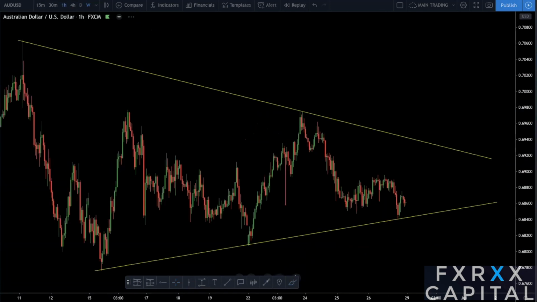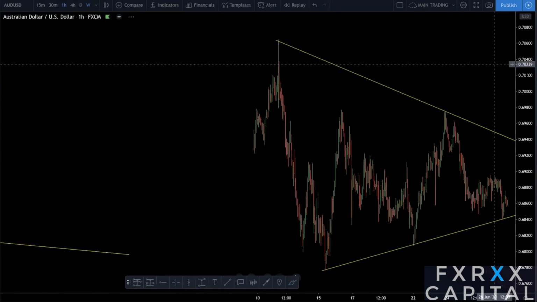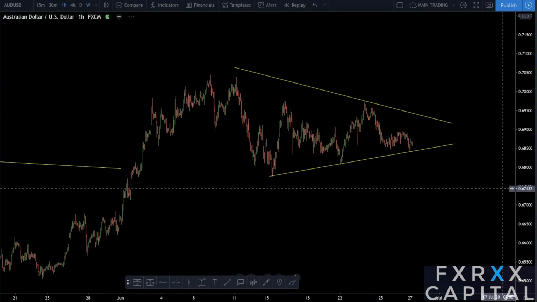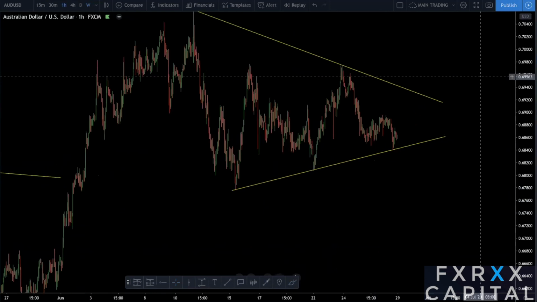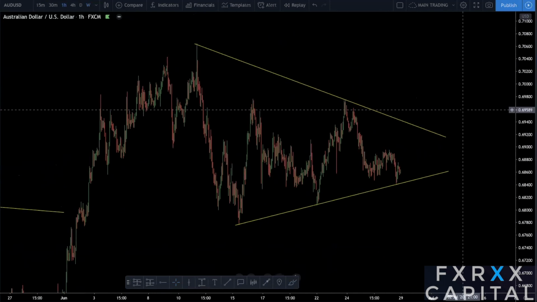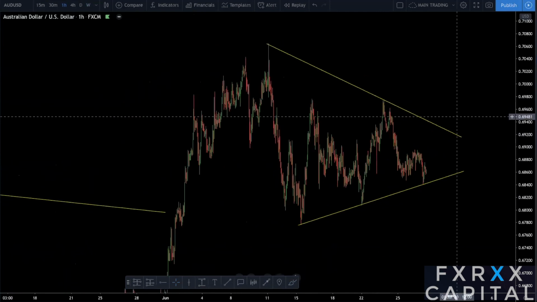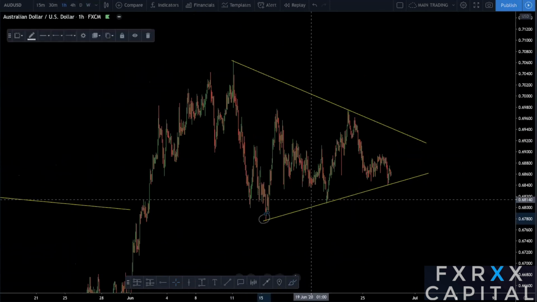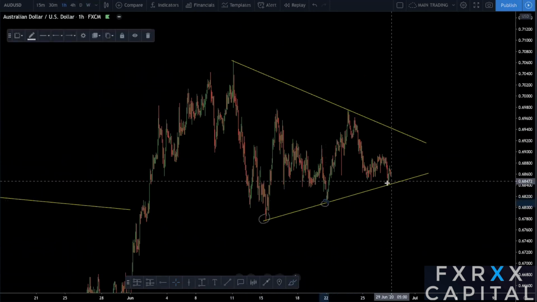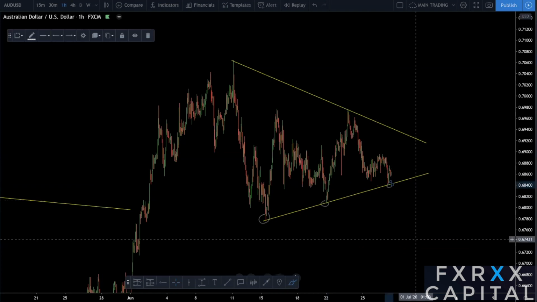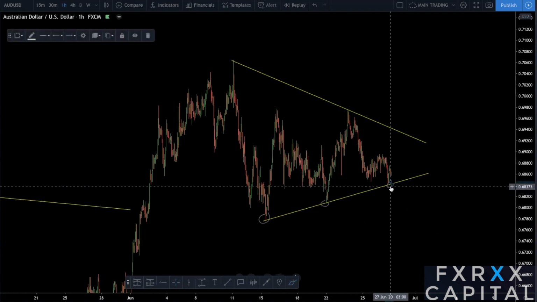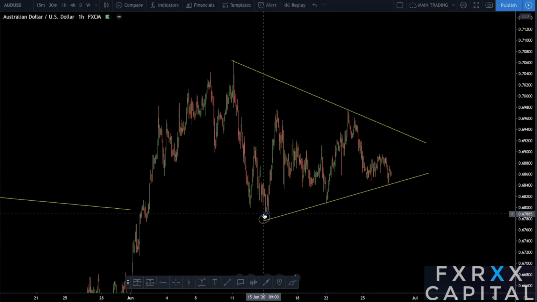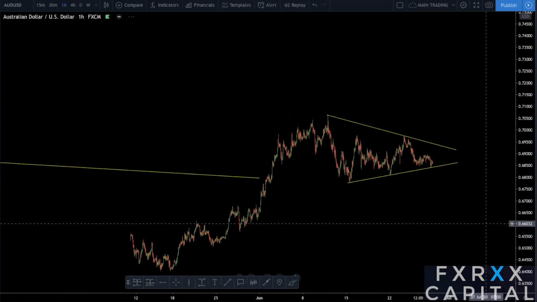So we zoom out to 1 hour. Price is starting to show a symmetrical triangle. Okay, symmetrical triangle. So how I'm going to enter: price is already at the third touch, first touch, second touch, third touch. After the third touch, we start looking for a buy position.